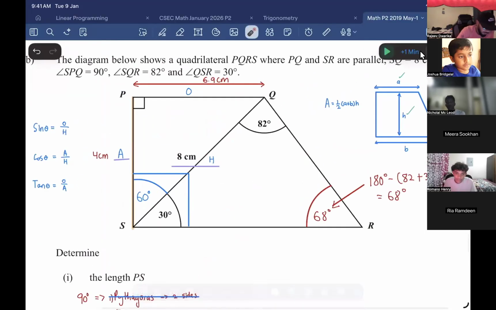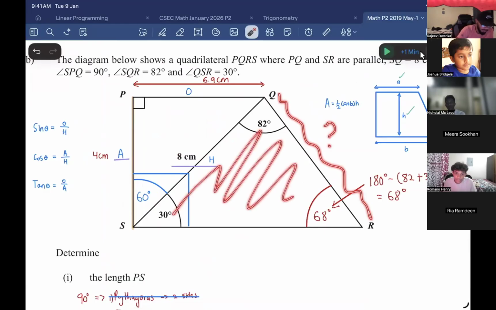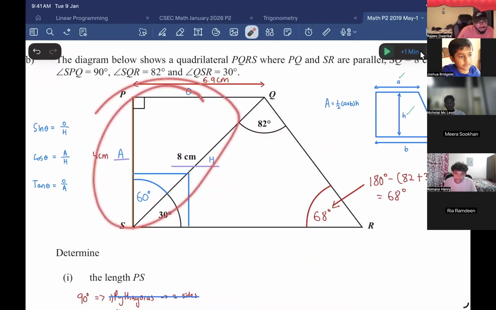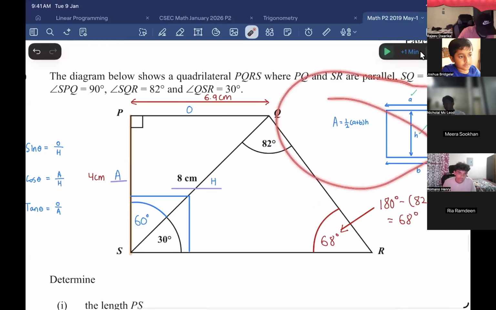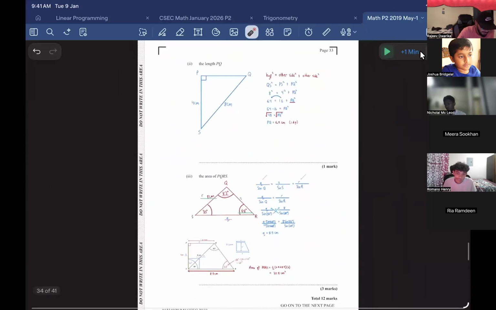If you wanted, you could have found this length, and once you got that length, you could have found the area of the triangle using a half AB sine C, where A and B are just the adjacent sides, and C is the included angle. And then we would have added to this, but that'll be extra work. Honestly, just use this.